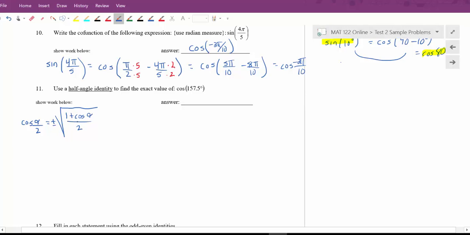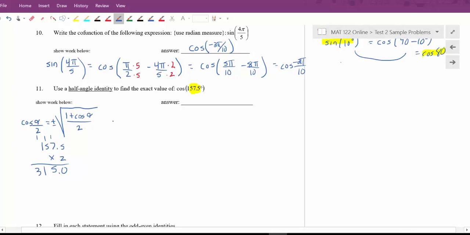Your job on this problem is to take the angle I gave you and double it. That's the first thing you got to do. So you got to be able to do this arithmetic right without a calculator. So 2 times 5 is 10, carry that. 14 plus 1 is 15, carry. 10 plus 1 is 11, carry. 315 degrees. If you don't like multiplying, then just add it to itself.